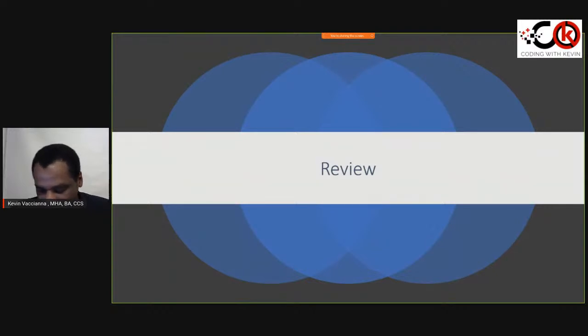After cardio? Digestive. After digestive? Urinary. And after urinary? Male genital system. And after that? The female genital system.